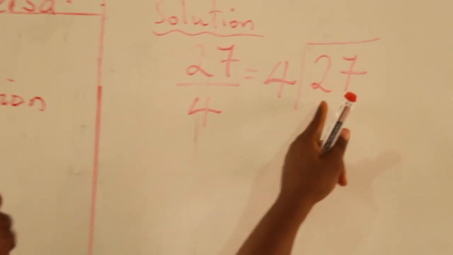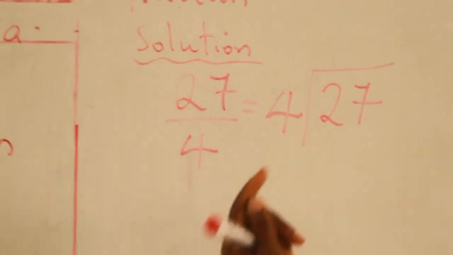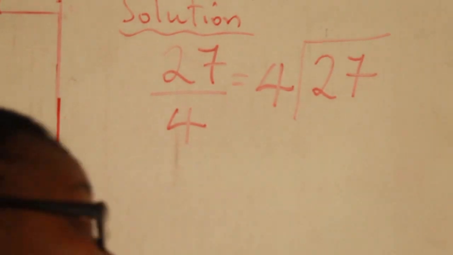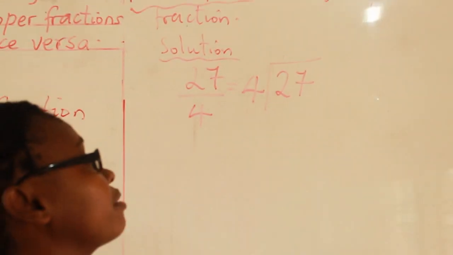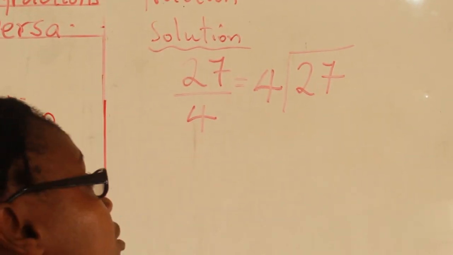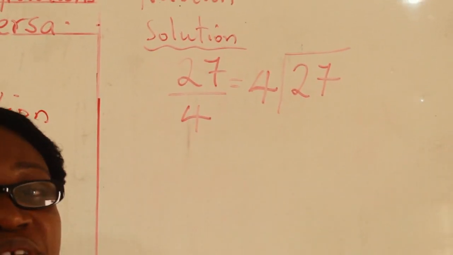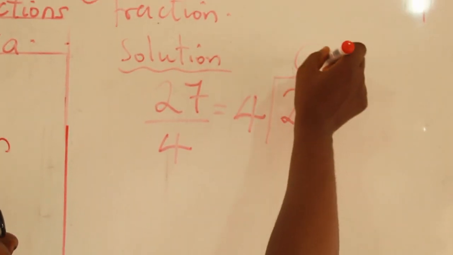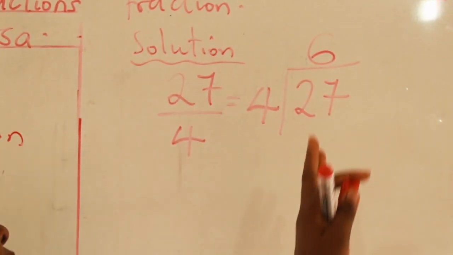Or if you share 27 things and give to 4 persons, one person will take how many? That is what I mean here. And so you also recall your multiplication. 4 times what will give you a number close to 27? That will be 6. You write your 6.